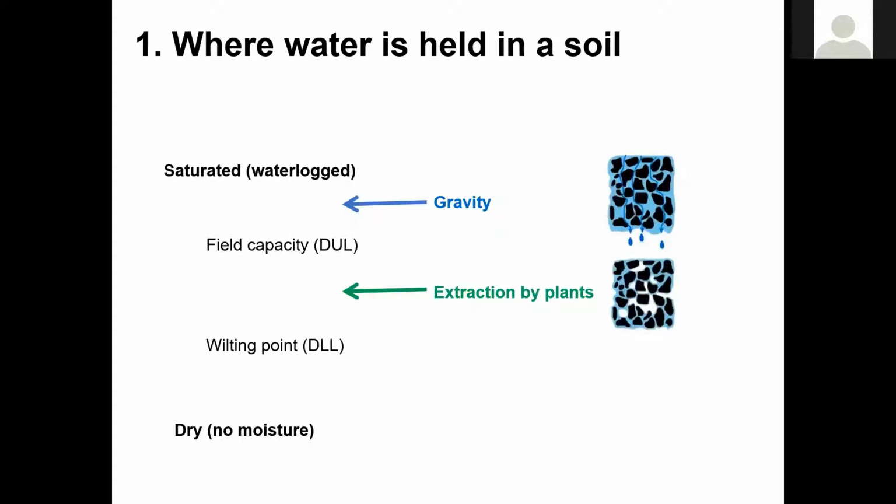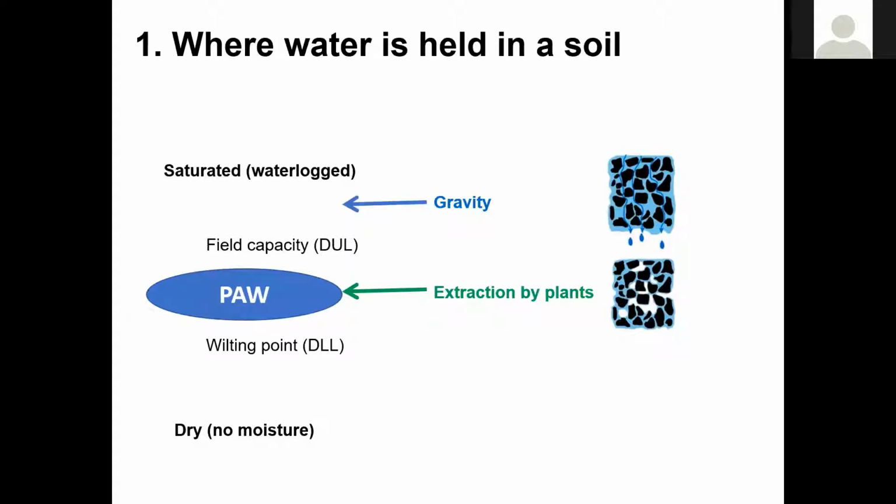Plants extract water through that space between field capacity and wilting point. I'll talk a little more about this later, but in a sense, plants extract water out of the soil through the roots, up through the stems, onto the leaves, and then out into the atmosphere. So the second bit of drainage that occurs in a soil is extracted by the plants.